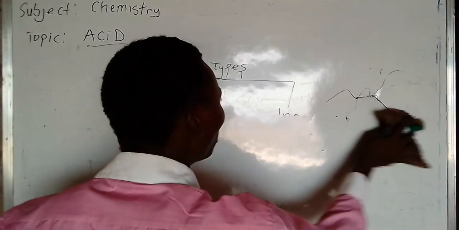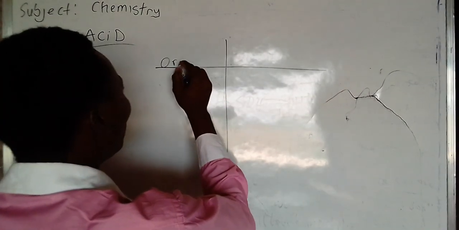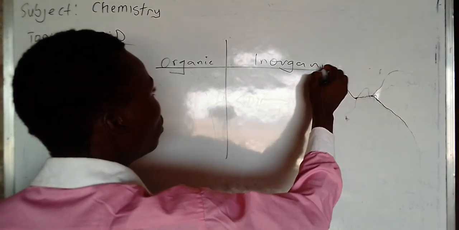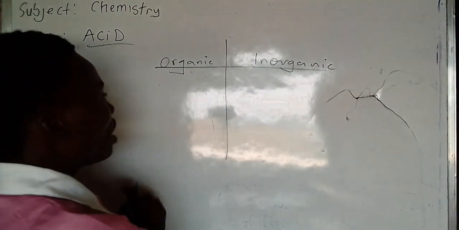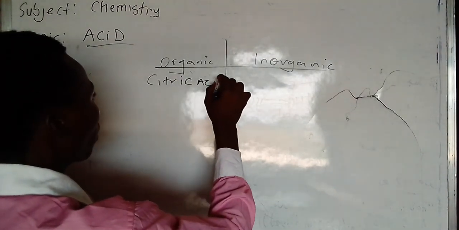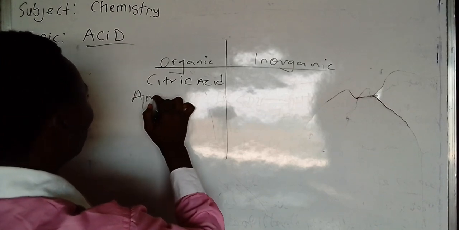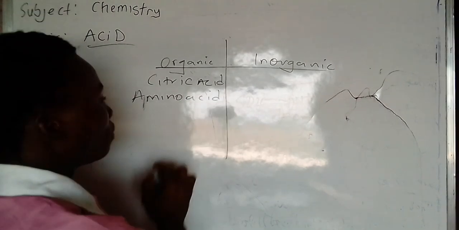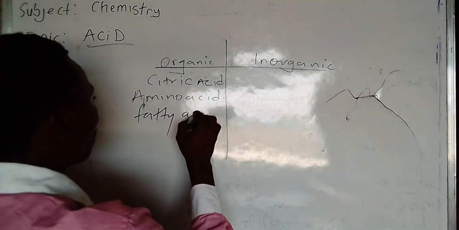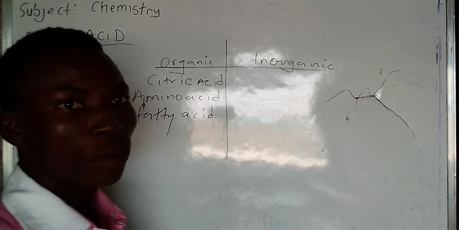Now, let us look at examples of the mentioned acids. Under the organic, we have the citric acid, the amino acid, and the fatty acid. They are the examples that we have here, to mention a few.